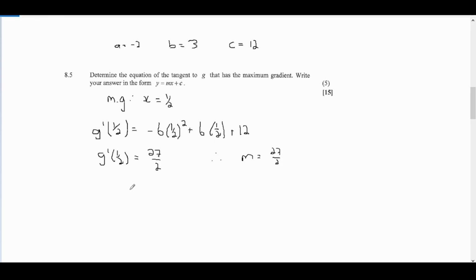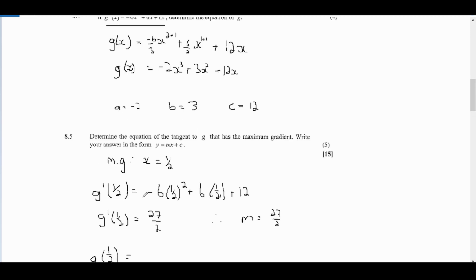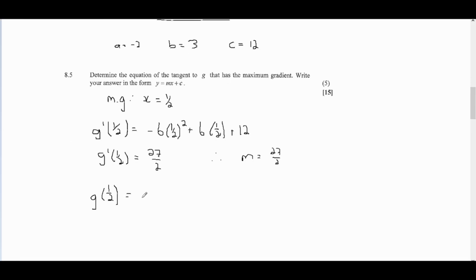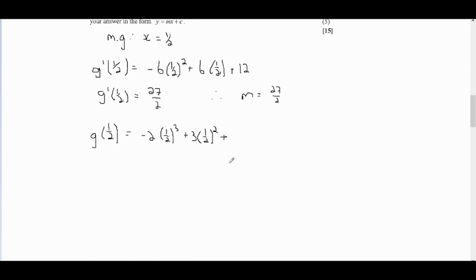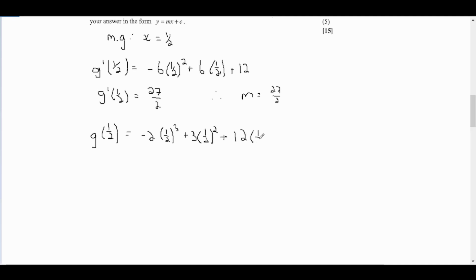And to get our y value, we will substitute our x into our original equation, which is g of a half, which equals this over here, which is minus 2 half cubed plus 3 times, not x, half squared plus 12 times a half.